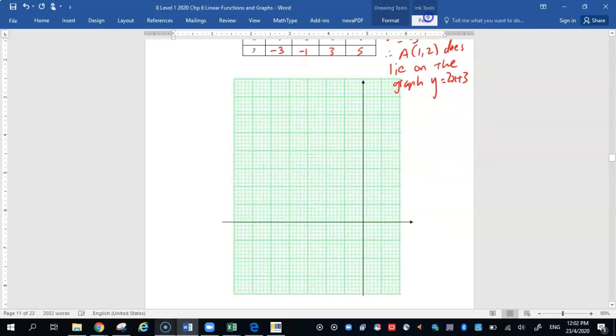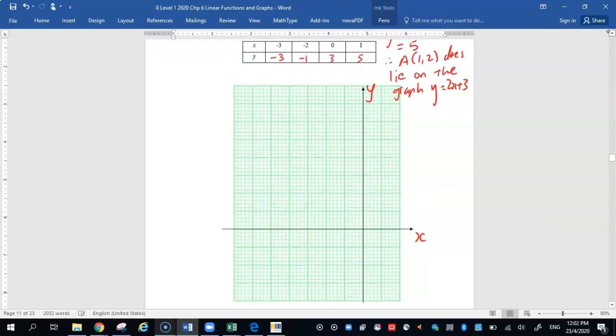Right now I will label my axes, x-axis and y-axis, and label my points. This is 1, then we have 0, -1, -2, -3. For the y-axis, because we have a wider range, I have to reduce the scale.